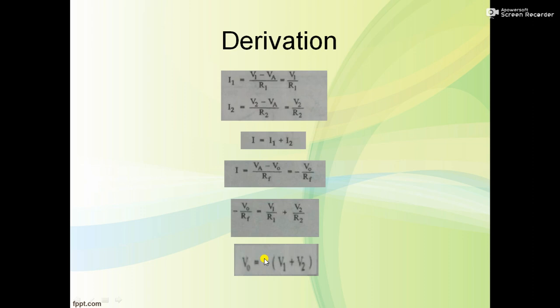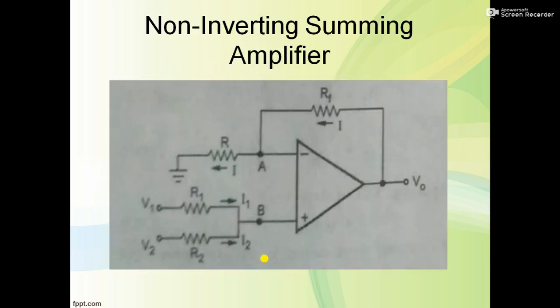Next, another type of summing amplifier is the non-inverting summing amplifier. So in non-inverting, the terminal is positive.